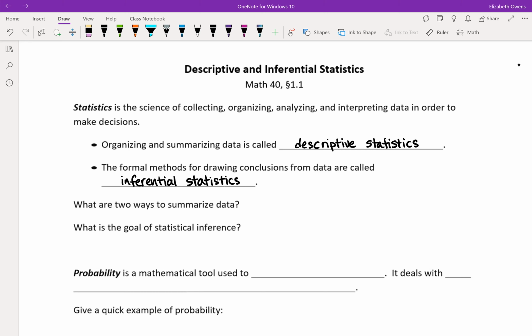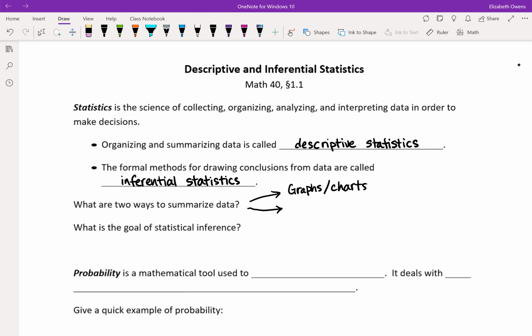Okay, now, going back to that idea of organizing and summarizing data, the descriptive statistics, two ways to do this, and we are definitely going to look at both of these this semester. One way is by using graphs or charts. All right, so more of a visual interpretation. These are really handy in presenting data to the public, like seeing a good graph or chart.